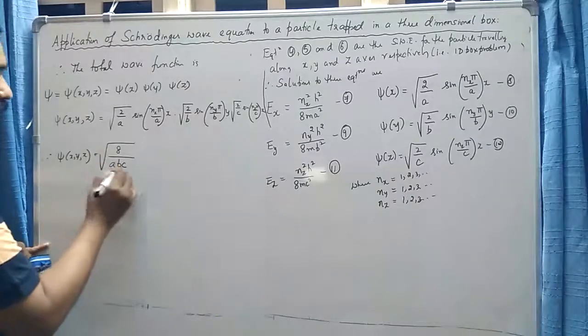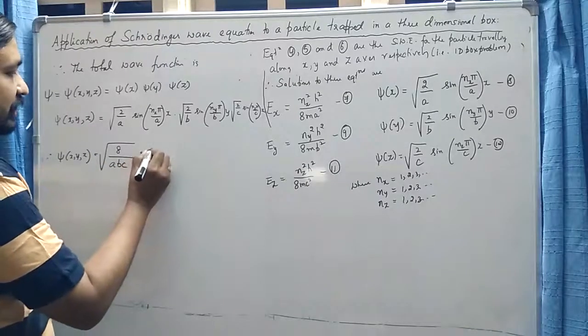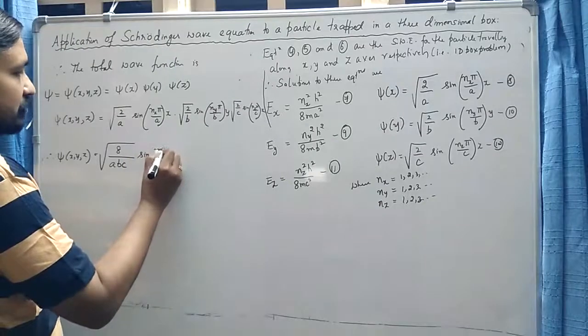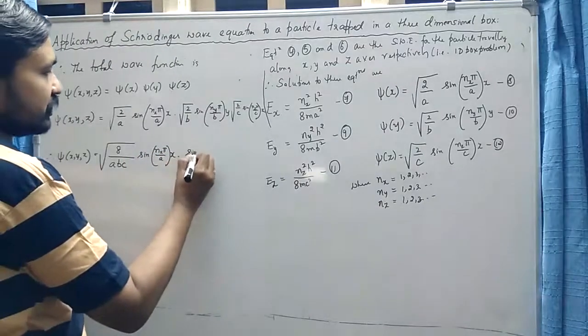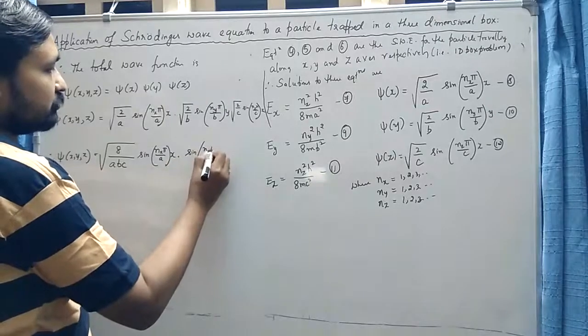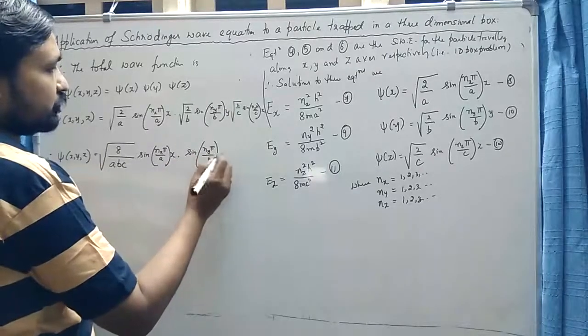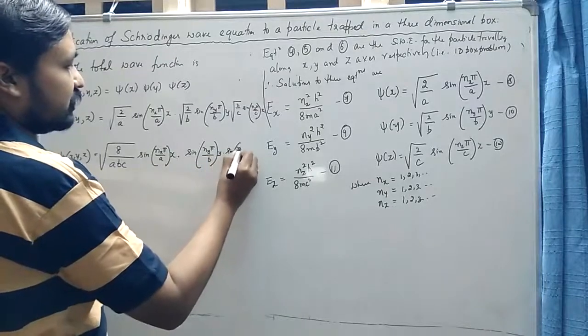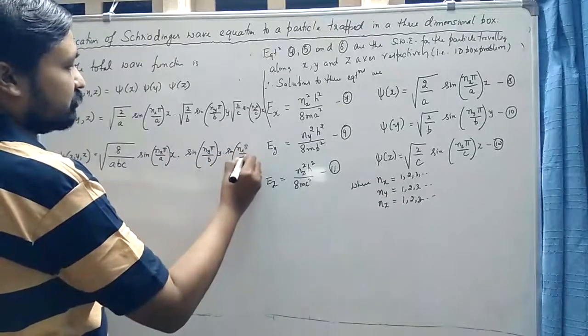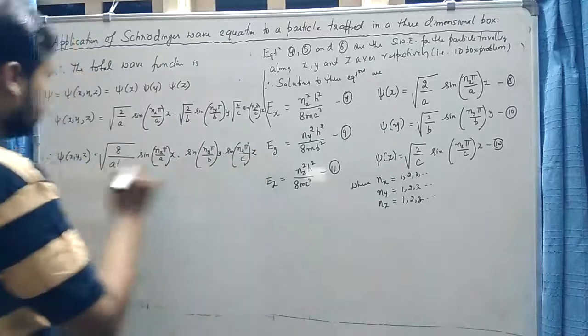Okay, so ψ = square root of (8 divided by abc) into sine(nx π x / a) into sine(ny π y / b) into sine(nz π z / c).